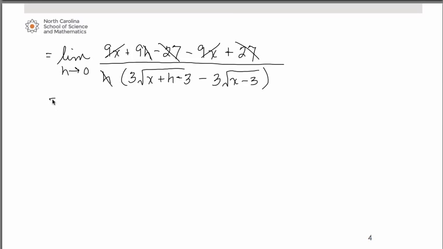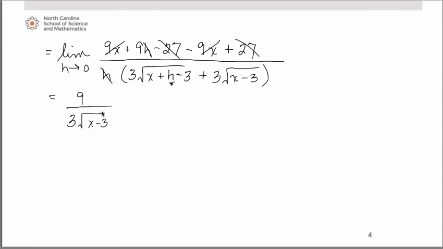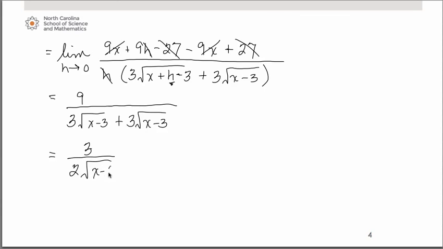When you substitute in 0 in place of the h here, remember we had the 9 in the numerator, and we have 3 square root, that just becomes x minus 3 because the h was 0, plus 3 square root x minus 3. So that gives you a 6 times square root of x minus 3 in the denominator, which of course will simplify in the end to 3 over 2 square root x minus 3.